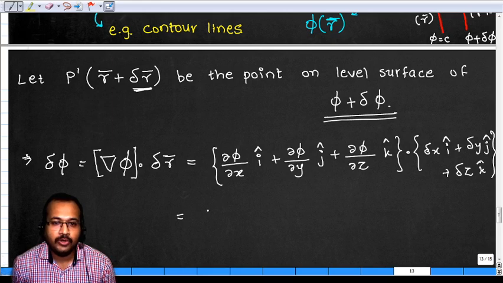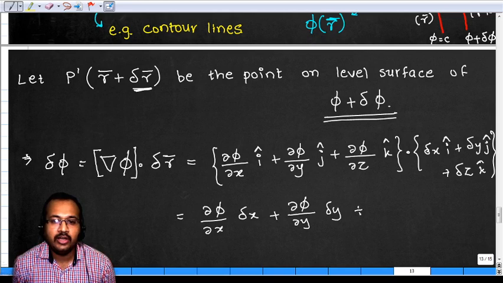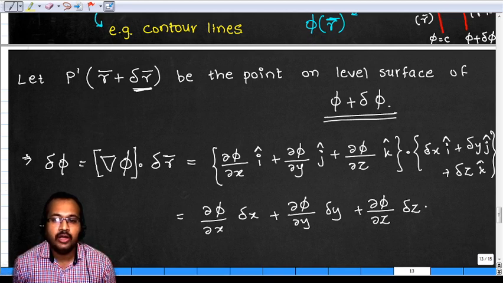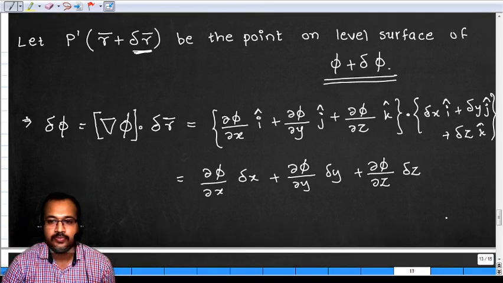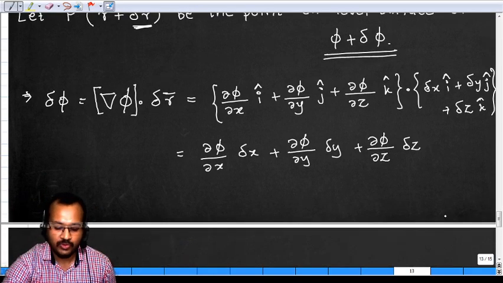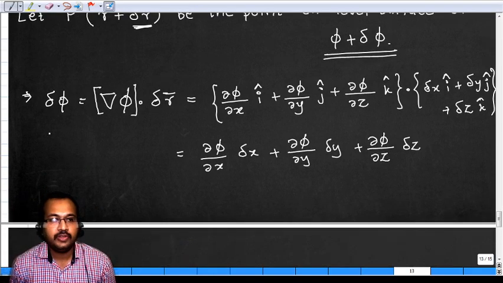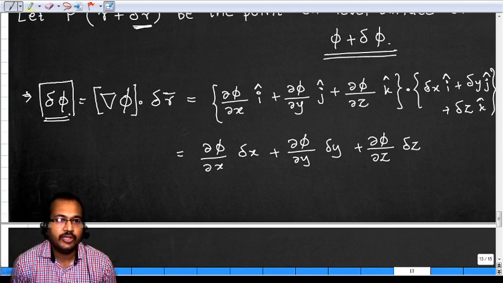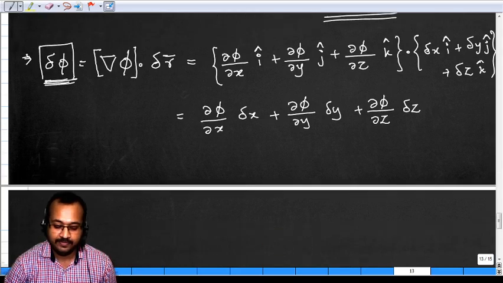If you take the component-wise multiplication, this will be partial derivative of phi with respect to x into delta x plus partial derivative of phi with respect to y into delta y plus partial derivative of phi with respect to z into delta z. So this is your value for delta phi. So this will be the small change in the scalar field.